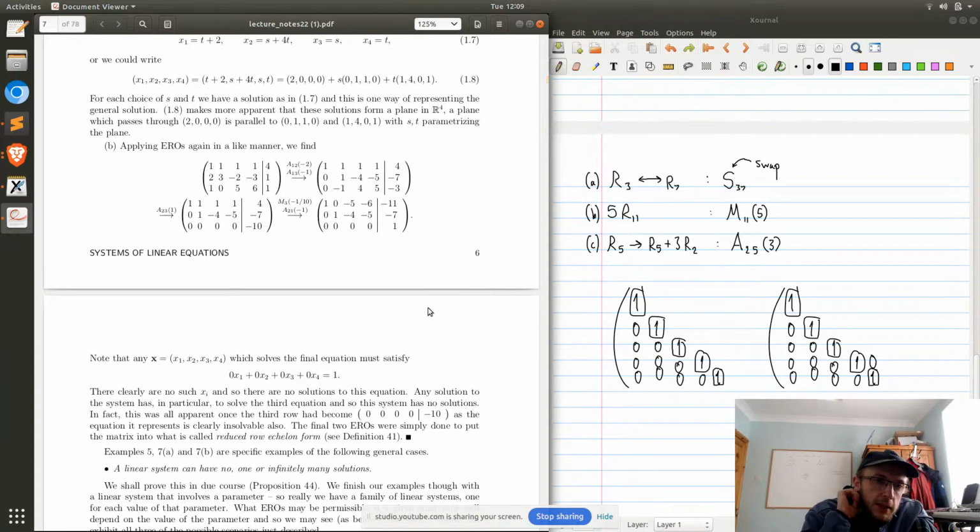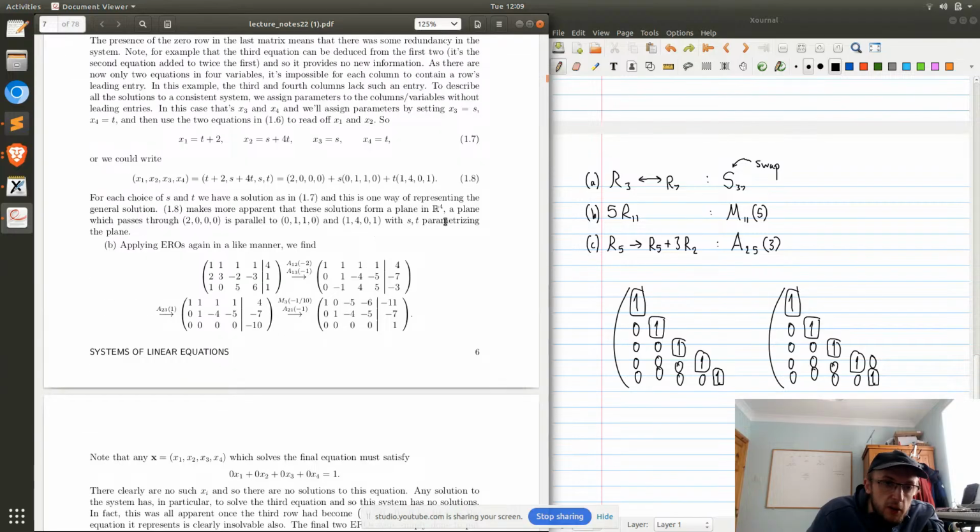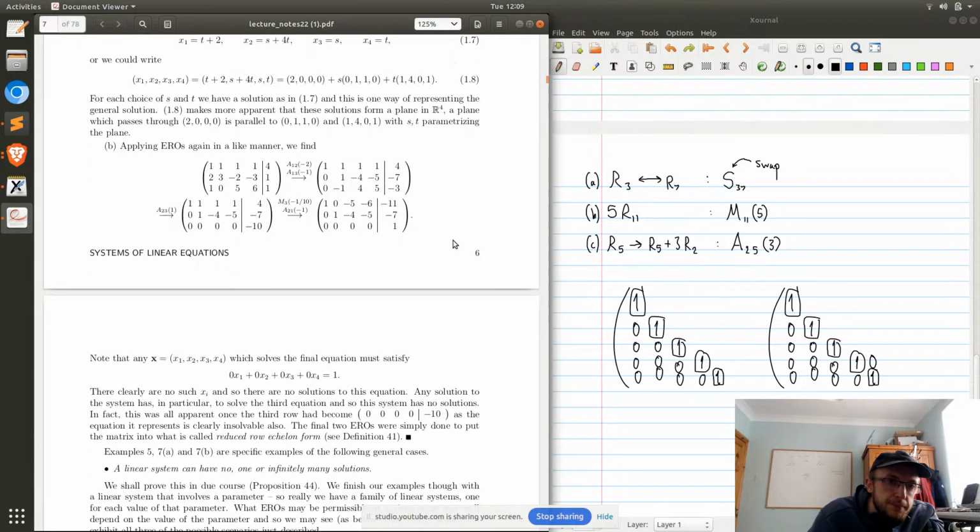Okay, in part B, they're going to apply EROs again in a like manner. Still 3 equations and 4 variables. So they do the EROs, which are totally valid and fine.